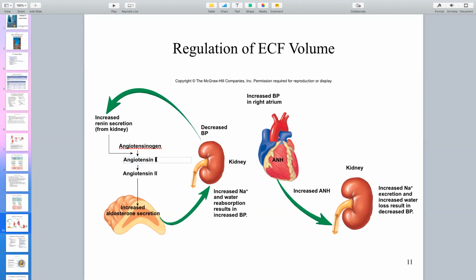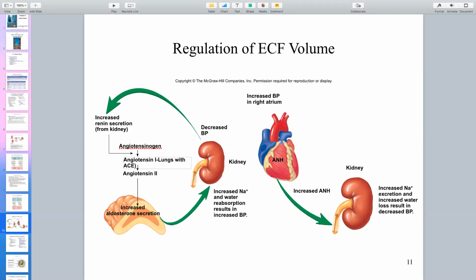Angiotensin 1 then goes to the lungs and gets activated with ACE. Right?